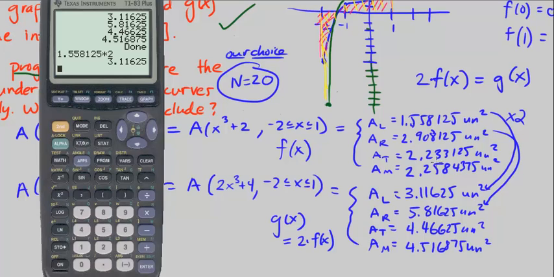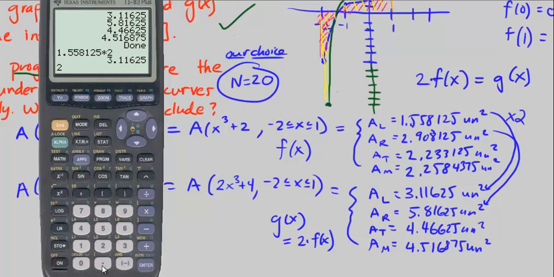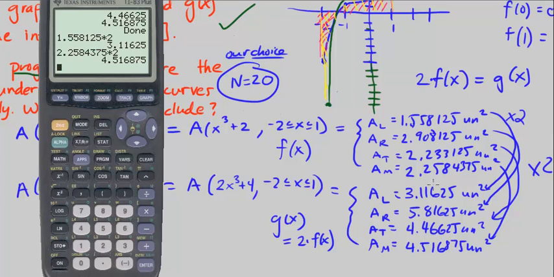Pick any one here. Let's look at the midpoint. 2.2584375 times 2. Right, we get 4.516875. Right, so this is all multiplied by 2, and we get the area for g of x.